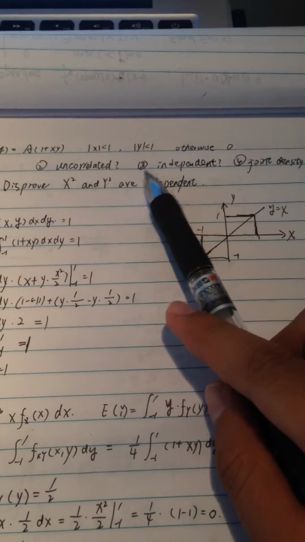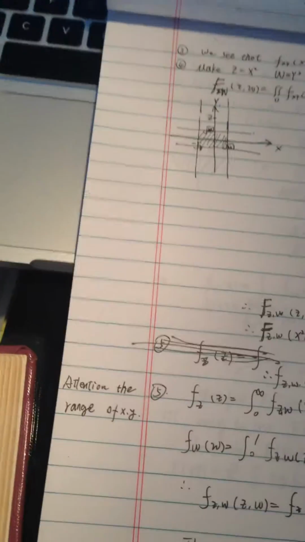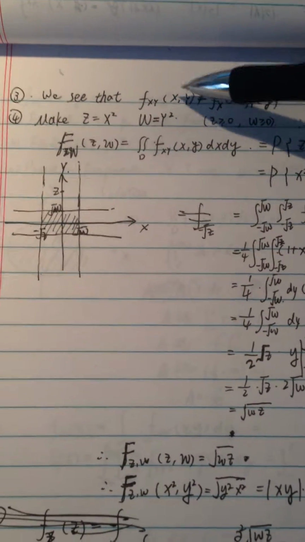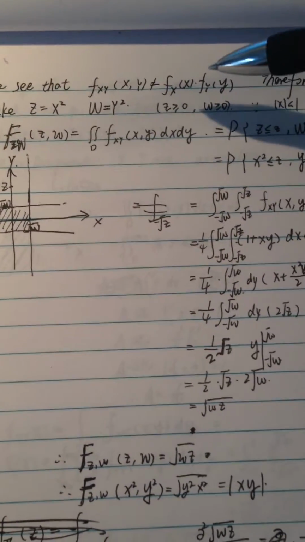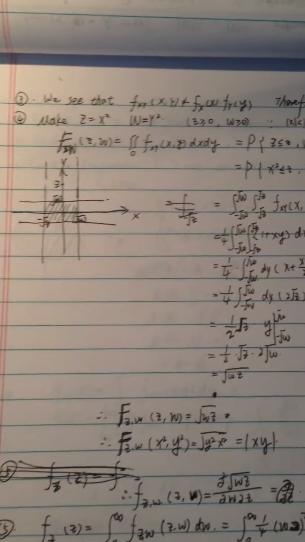In the third question, we need to find out if x and y are independent. It's easy to see that the joint function is not equal to the product of the two PDFs. Therefore, they are not independent.